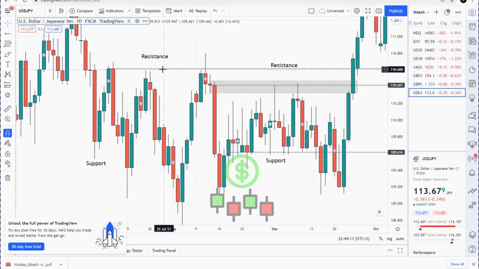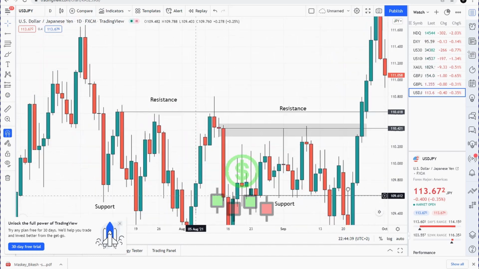That's what normally moves the market, but most of the time it's supply and demand. It's a matter of how many people are willing to push price to the upside, and how many are willing to push price to the downside. If there are so many people willing to push price to the upside, obviously you're going to see the market shooting up and breaking that level of resistance.